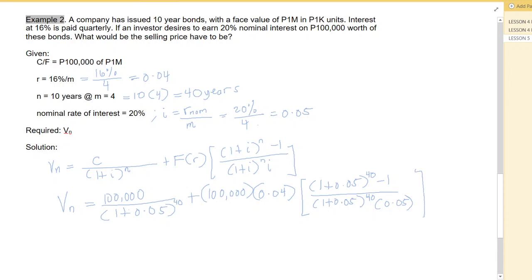Okay, so if we're going to compute for the selling price, that is equal to 82,840.914 pesos. So that will be our final answer. That is the selling price of the bond already.